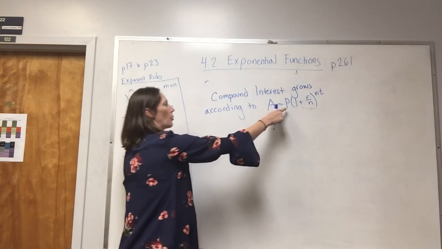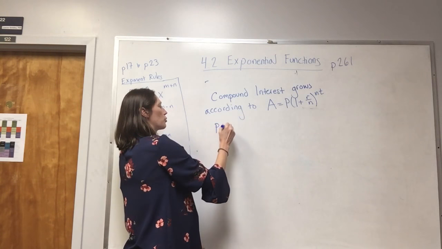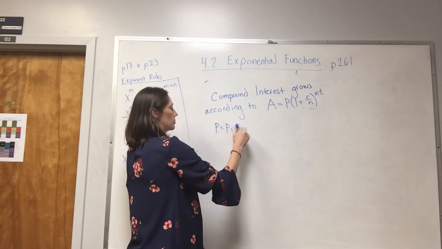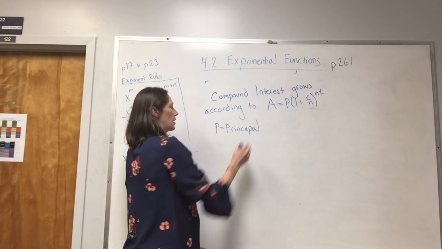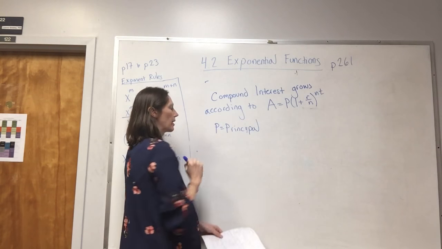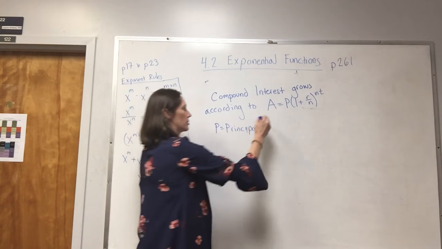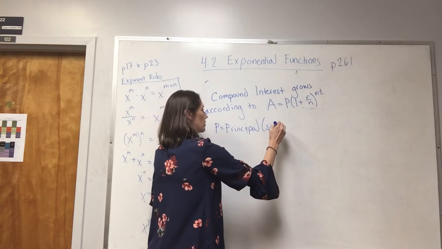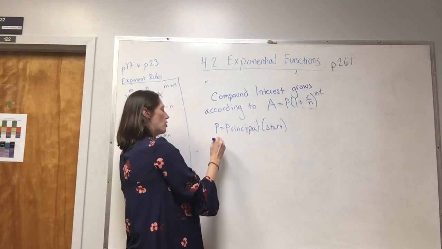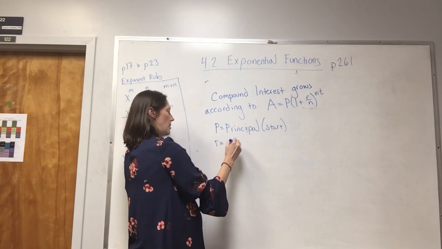Okay, so P is called principal. It's your starting amount. R is an interest rate.